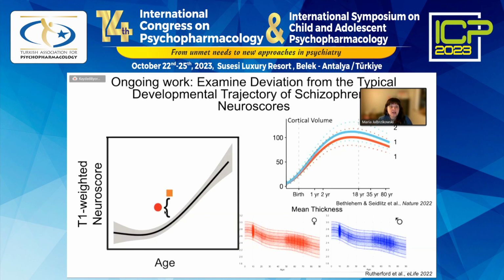After detecting this deviation, we can weight that information by the effect sizes and create a deviation neuroscore. To do this, we're taking advantage of some of the wonderful normative modeling findings that have established cortical thickness trajectories at the population level and made them publicly accessible. So stay tuned for that work.